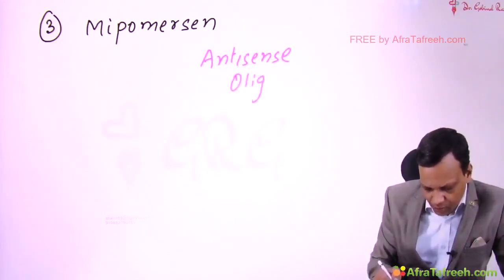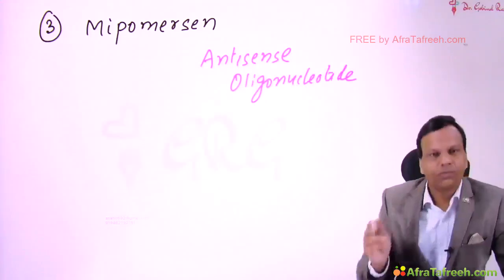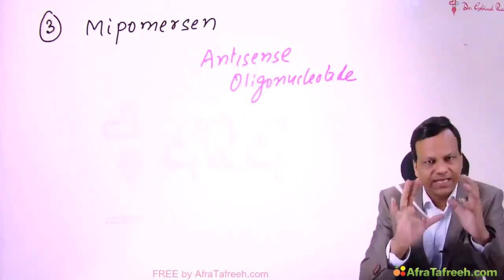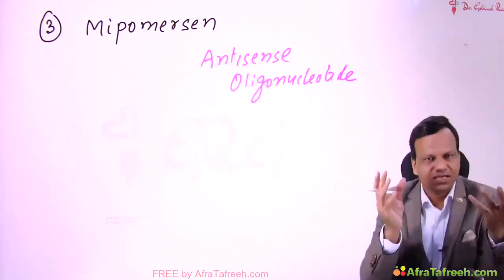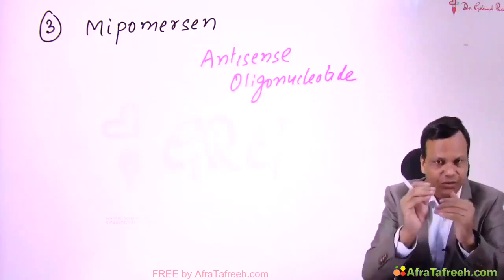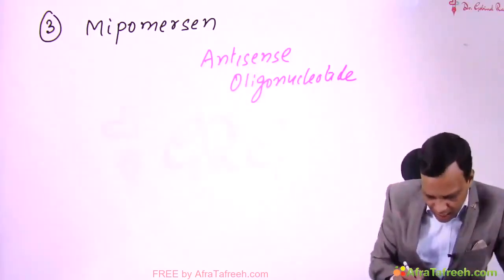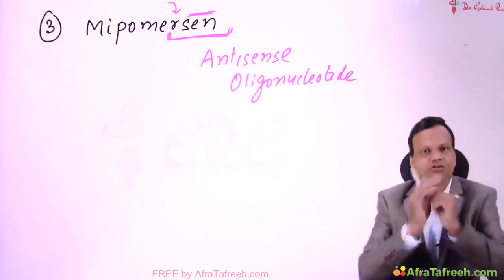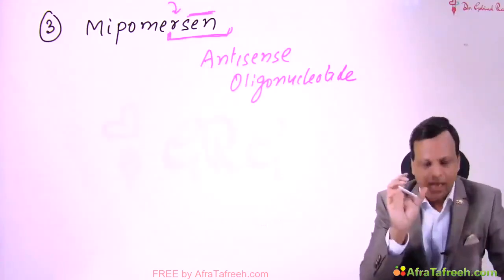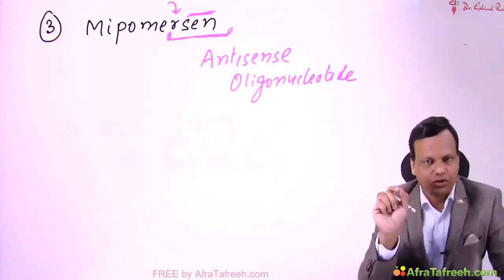Remember, with any antisense oligonucleotide, the name says the chemical structure is similar to the antisense strand of RNA. Their names end with RSEN, R meaning RNA, and sense meaning antisense oligonucleotide. So any drug ending with RSEN is an antisense oligonucleotide.